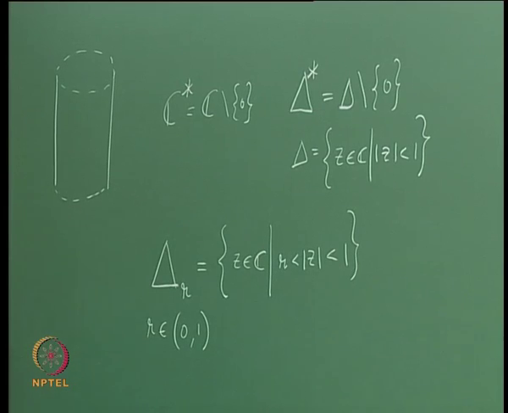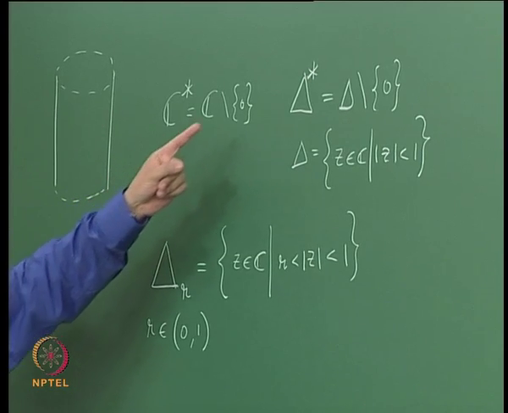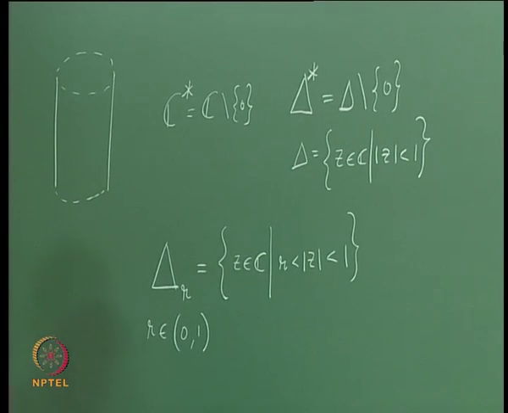So I have basically the cylinder, the punctured plane, the punctured unit disk, and the annulus here.